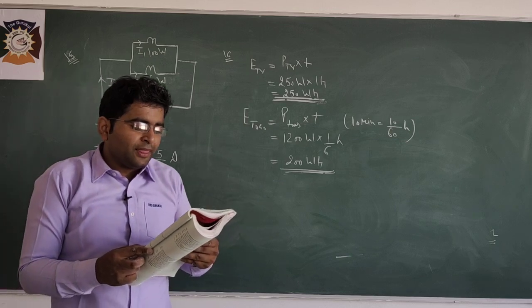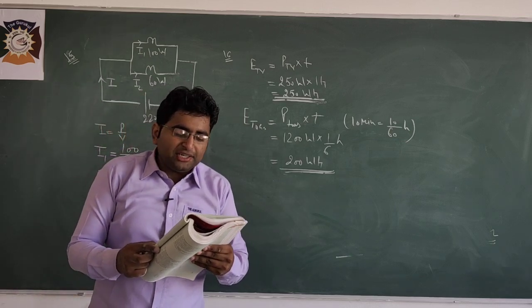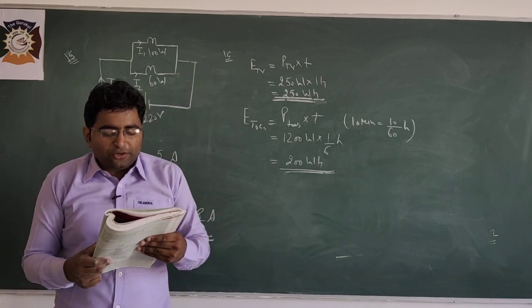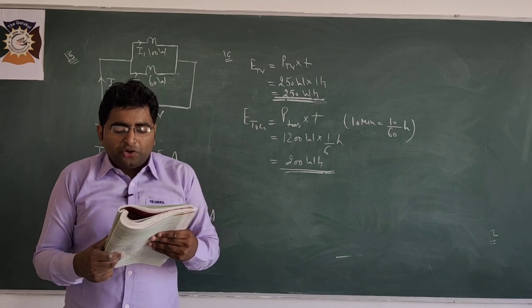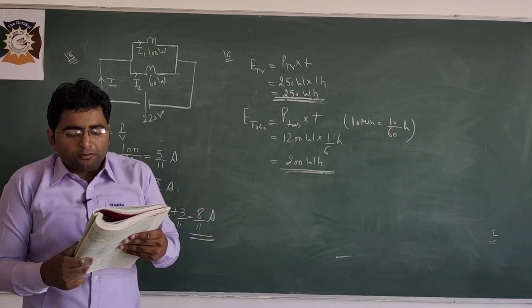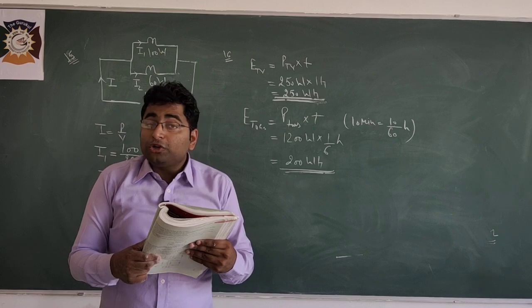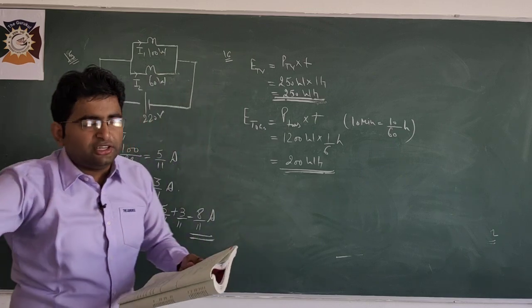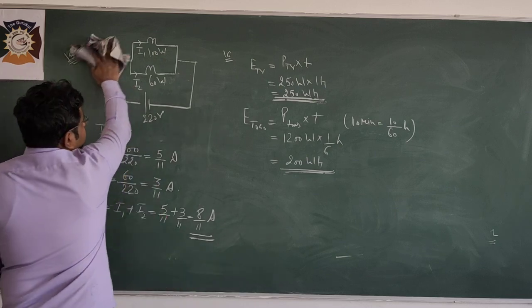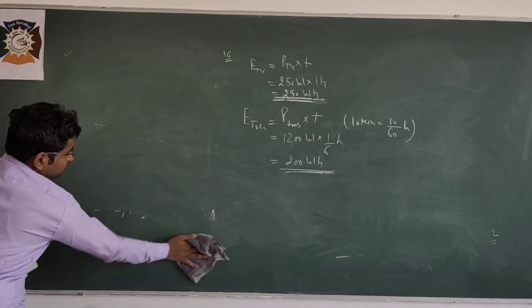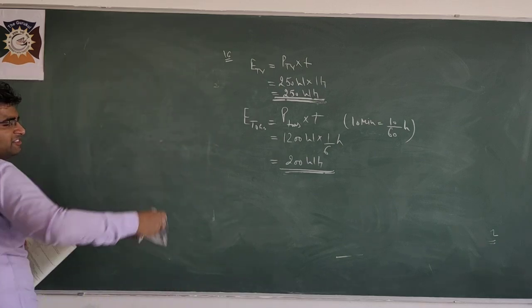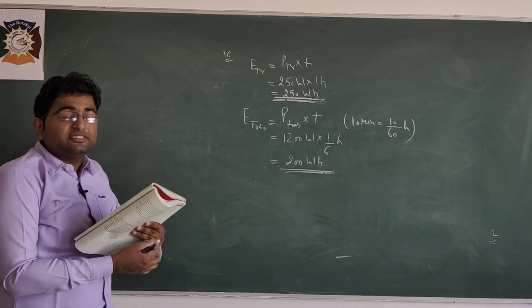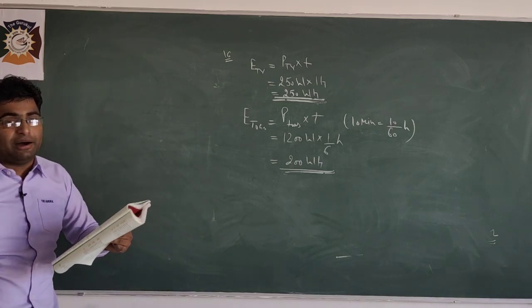Next, an electric heater of resistance 8 ohm draws 15 ampere from the service line for 2 hours. Calculate the rate at which heat is developed. Students, rate at which heat is developed means you have to calculate the power.